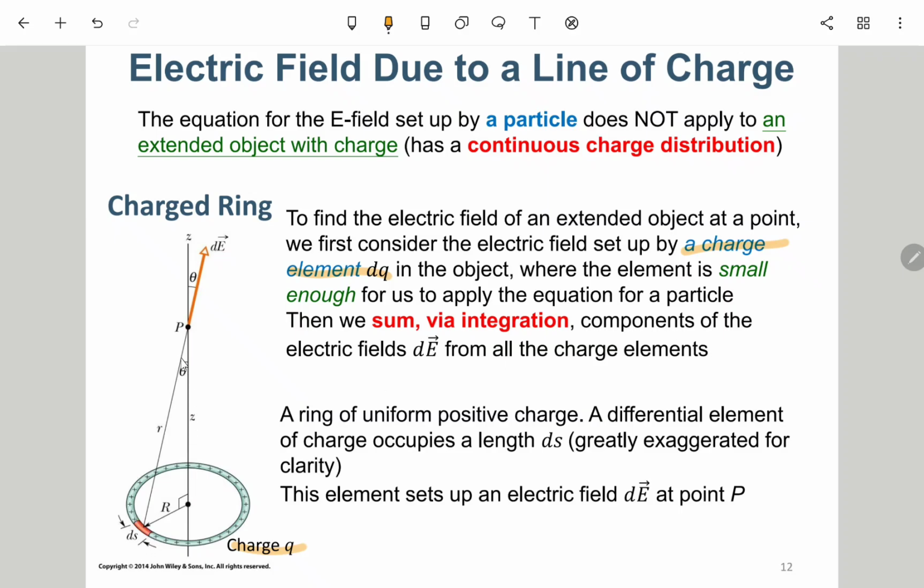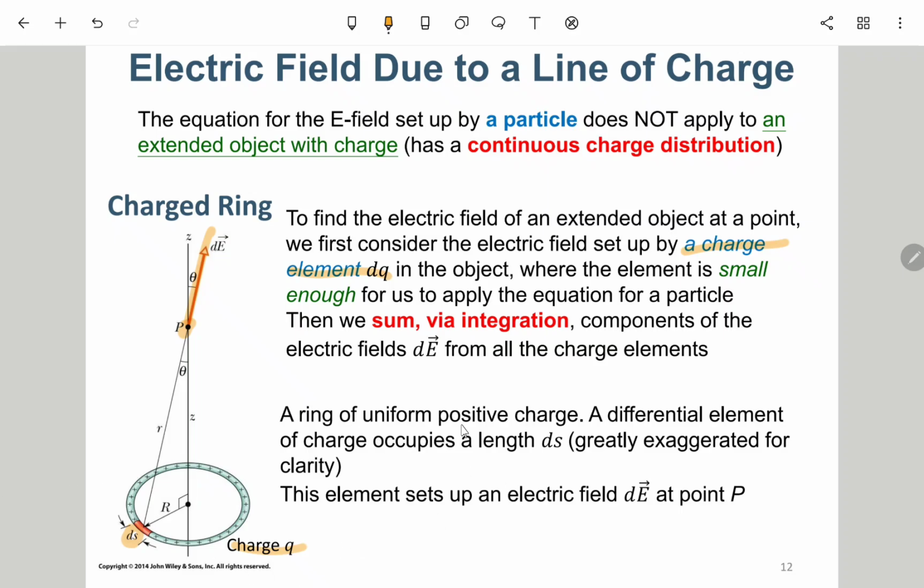Then we can sum all the small elements together. Every element will generate dE. On this ds we have dq, a very small amount of charge, and it will generate dE at the point we are concerned with. Finally, we consider all the small parts on this ring and add up all the dE together, and that will be the total E field generated by the whole structure.